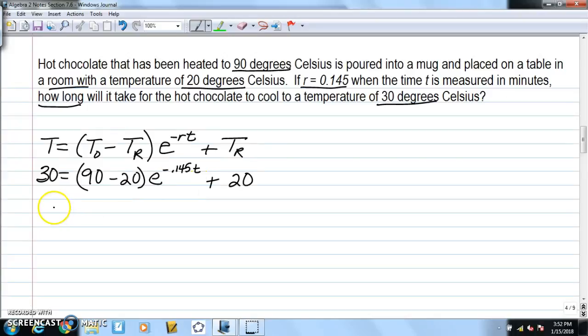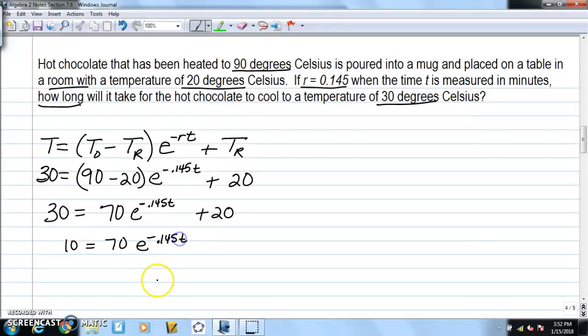All right, so let's simplify a little here. 90 minus 20 is 70. So we have 70 e to the negative 0.145t plus 20. I can subtract 20 from both sides, so I have 10 equals 70 e to the negative 0.145t.